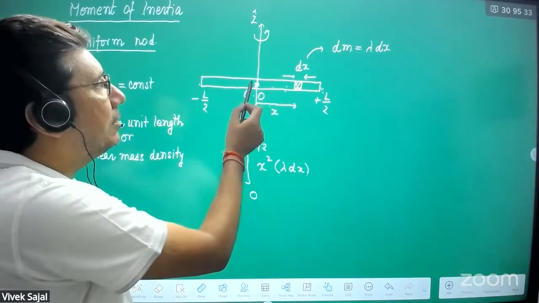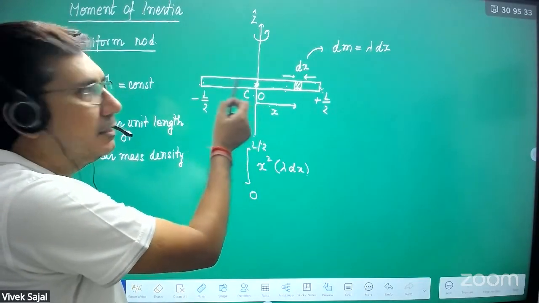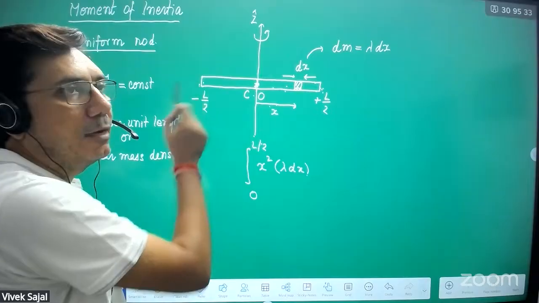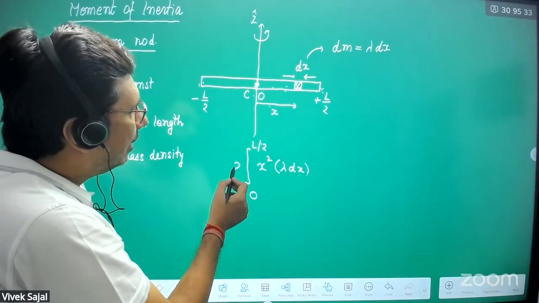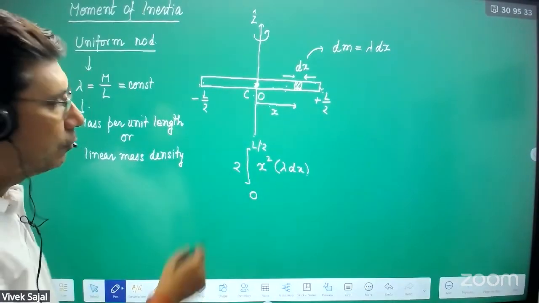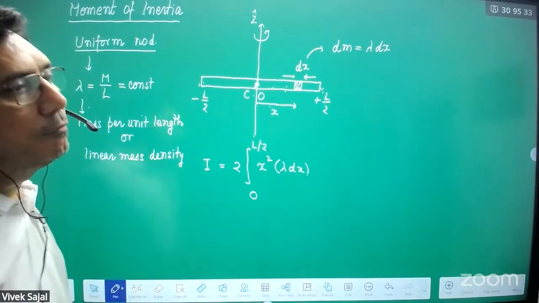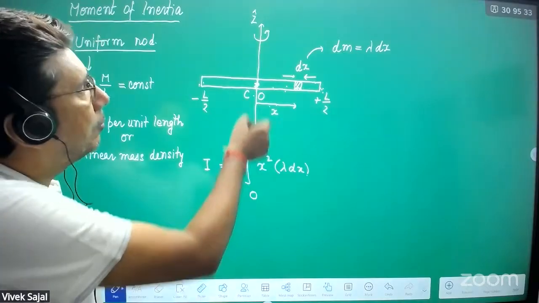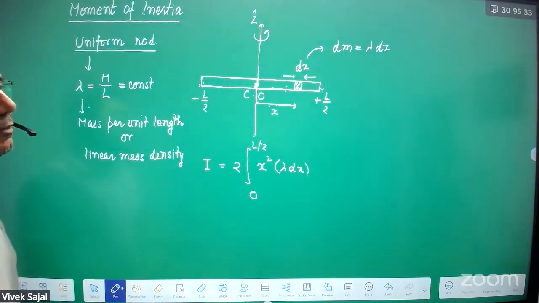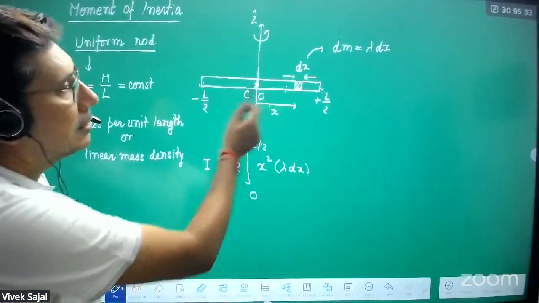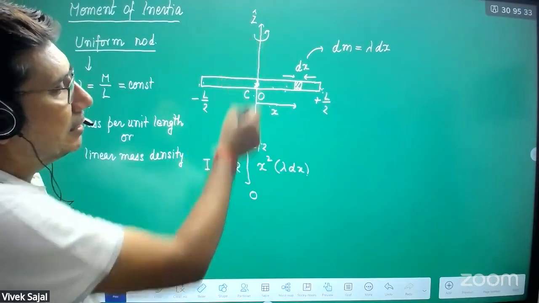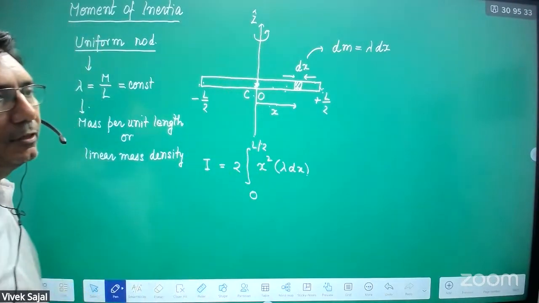The same moment of inertia will be for the second half, from 0 to minus L by 2, so I'm multiplying it by 2. This will be the total moment of inertia of this uniform rod about the Z axis.